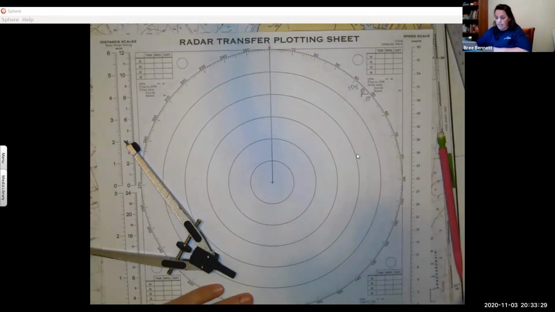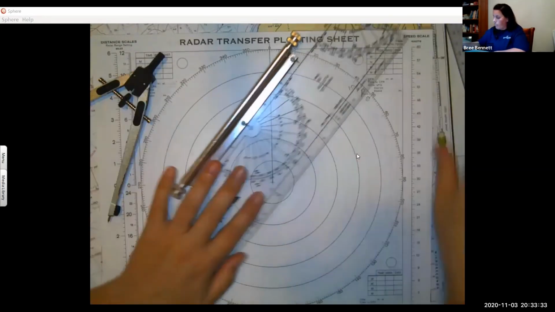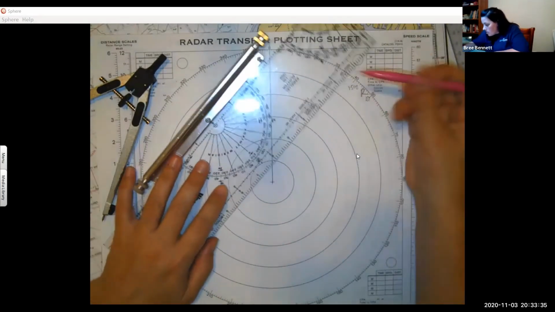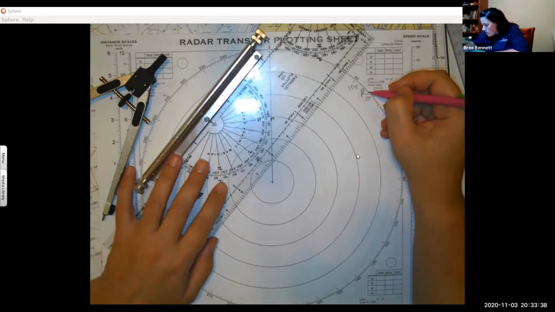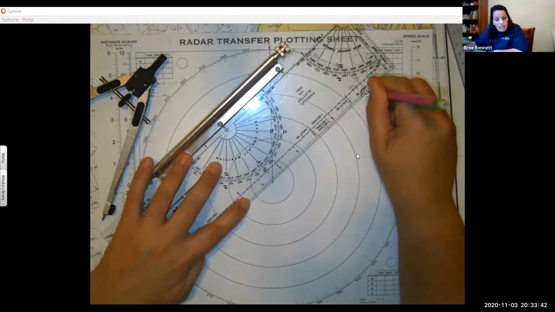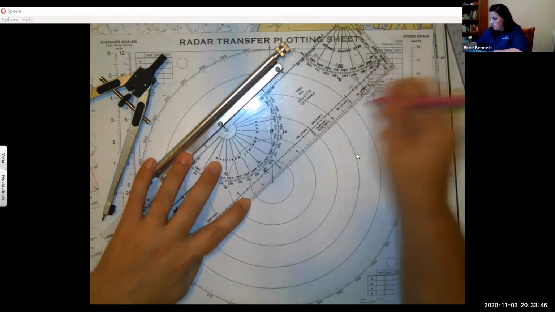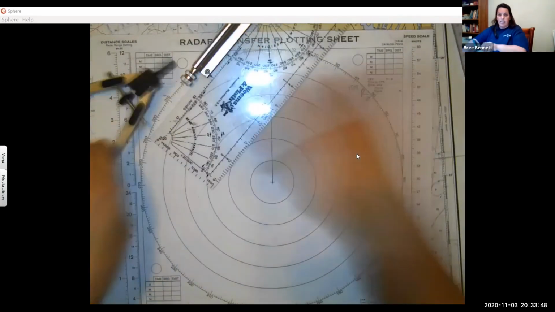R. And then 6 minutes later, it was bearing 048, so 48 at 9.8. So let's get 9.8.